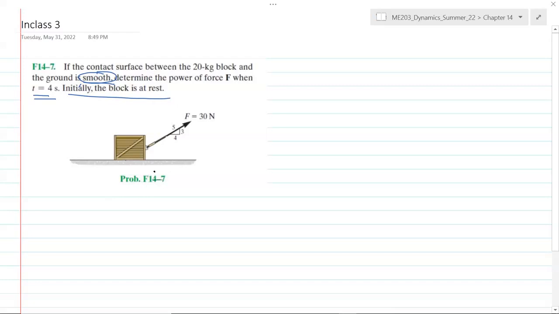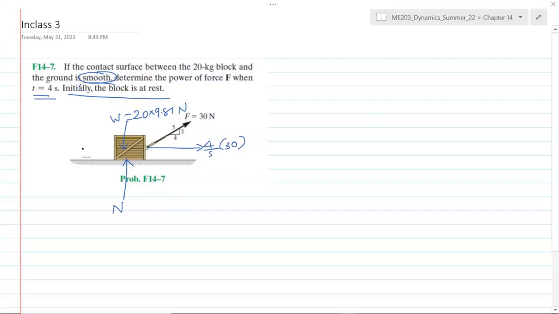So let's draw a free body diagram to start with. The block has weight, mass 20 kilograms, so it's 20 times 9.81 Newton, that is the weight of the block. Because it is resting on the ground, there is normal force N, and then there is this applied force F. Out of this total value of 30, only 4/5 of 30 is responsible for the horizontal motion of the block.